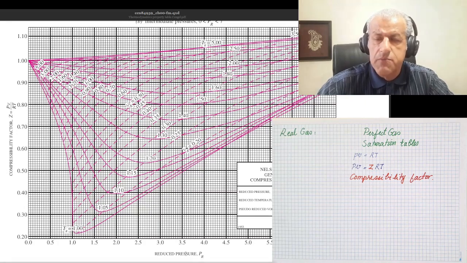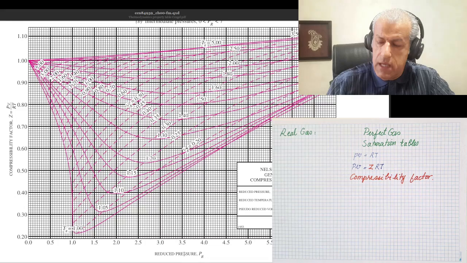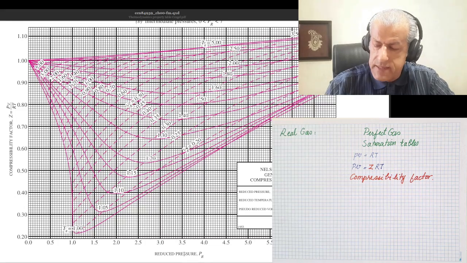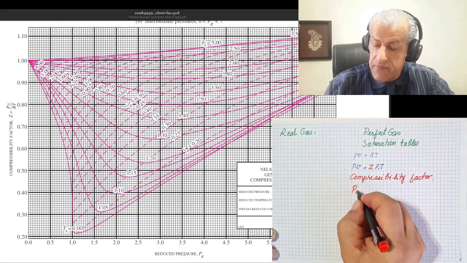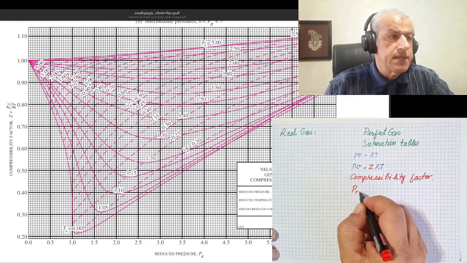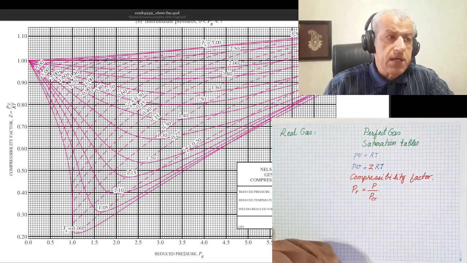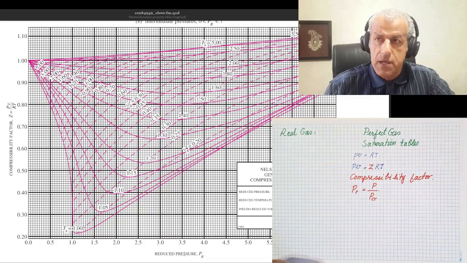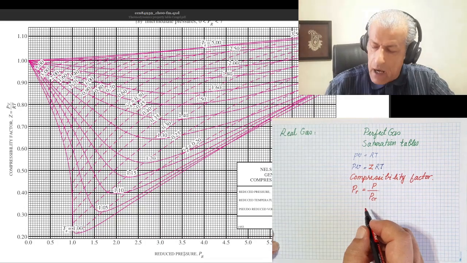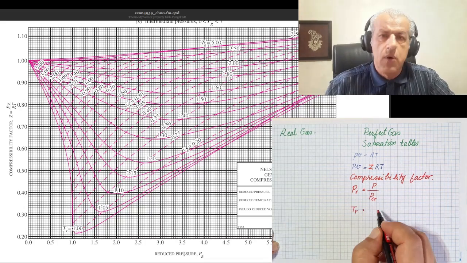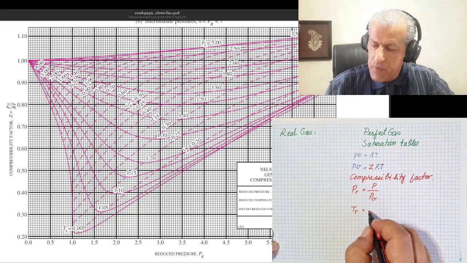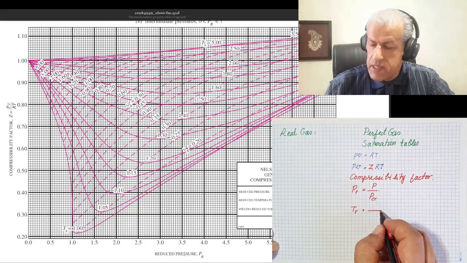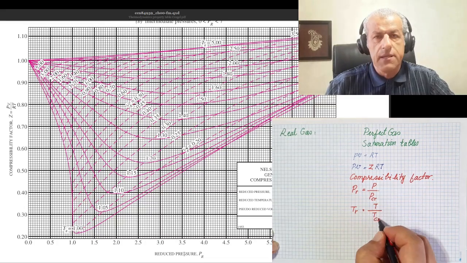One is reduced pressure, PR, which equals P, the pressure, divided by P critical, the critical pressure. The other parameter that is of interest to us is TR, which equals T, the temperature, divided by T critical, the critical temperature.